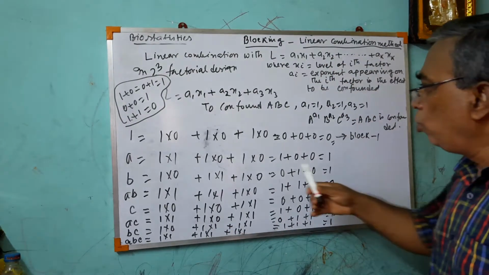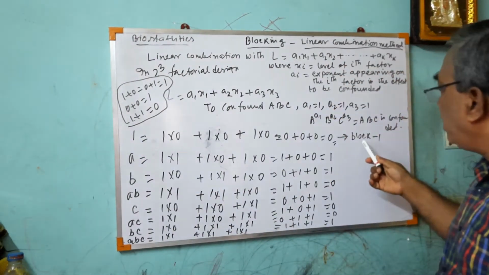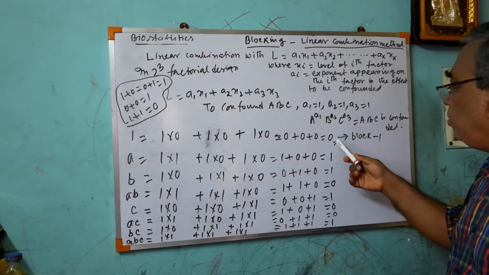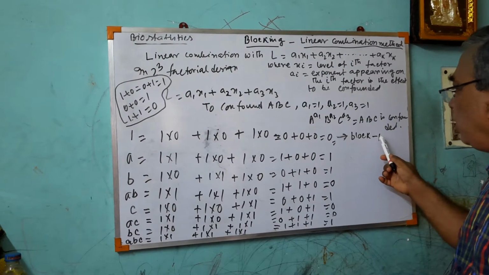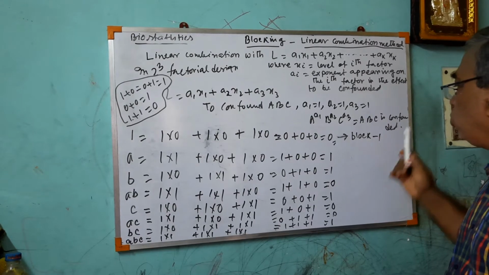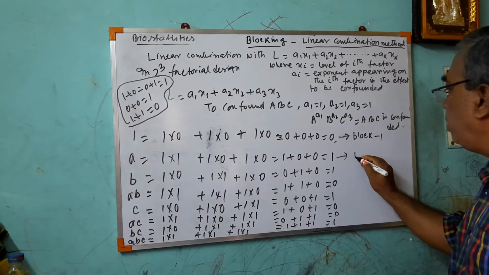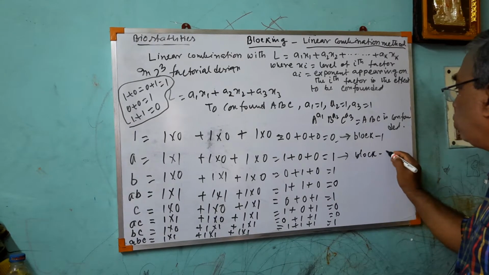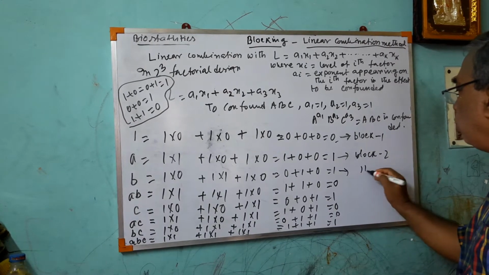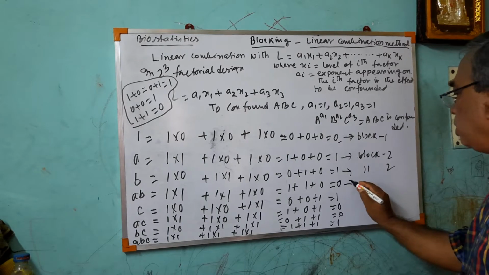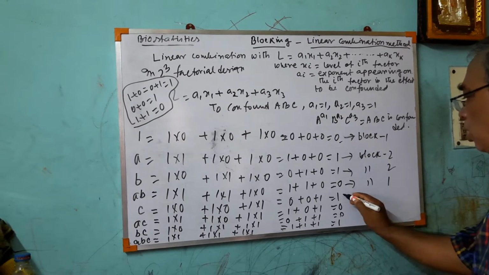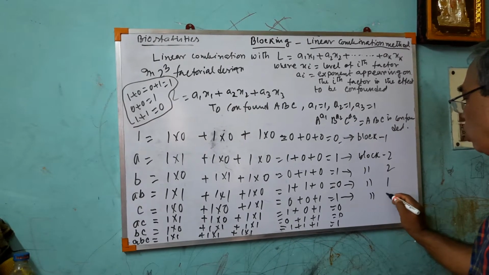So when it comes 0, then we are putting this into block 1. Similarly, here you are getting 1, so this will be block 2. This will be 0, that is block 1. This will be 1, that is block 2.